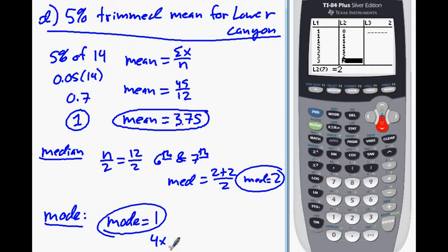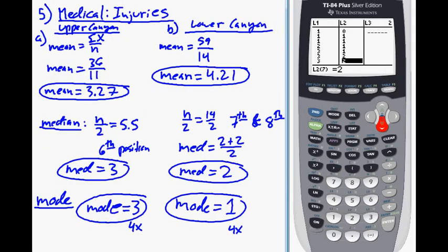So in comparison with our original calculations, we had the 4.21, the median was 2, the mode was 1, so those haven't changed at all, which makes sense because with median that's about position, and if we do a symmetric trim, then the middle positions really don't change, and we haven't affected the mode at all. Now the mean has dropped.